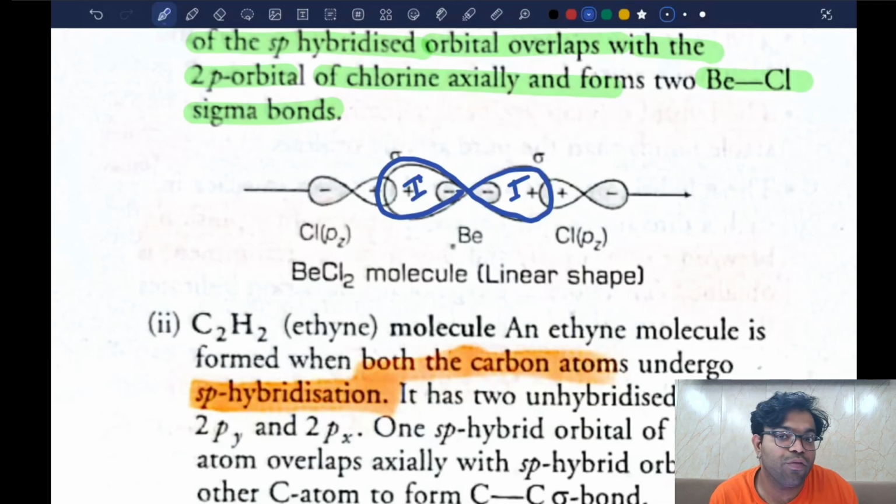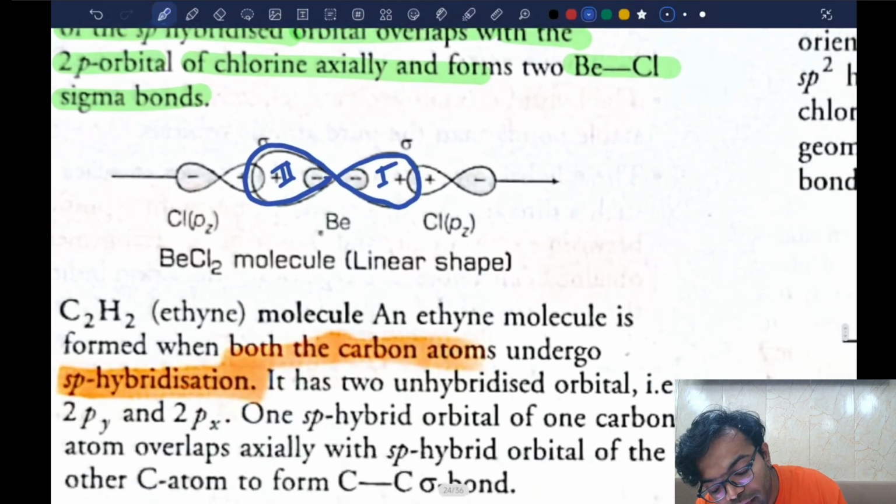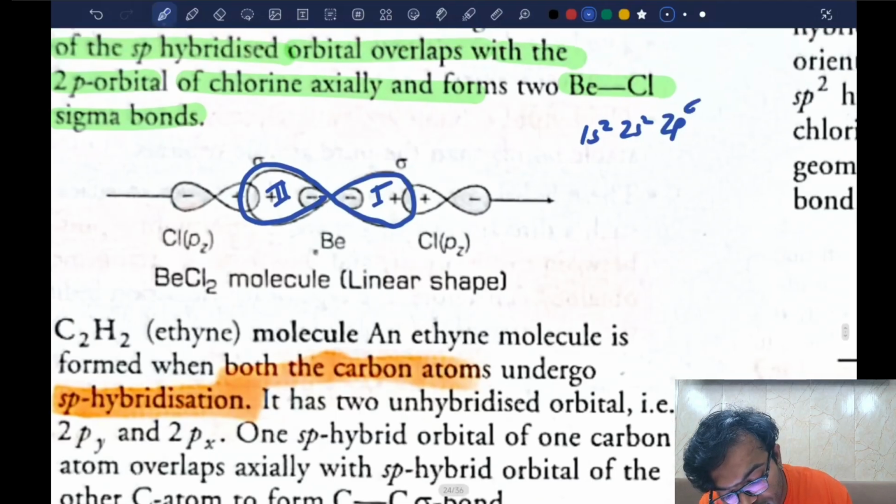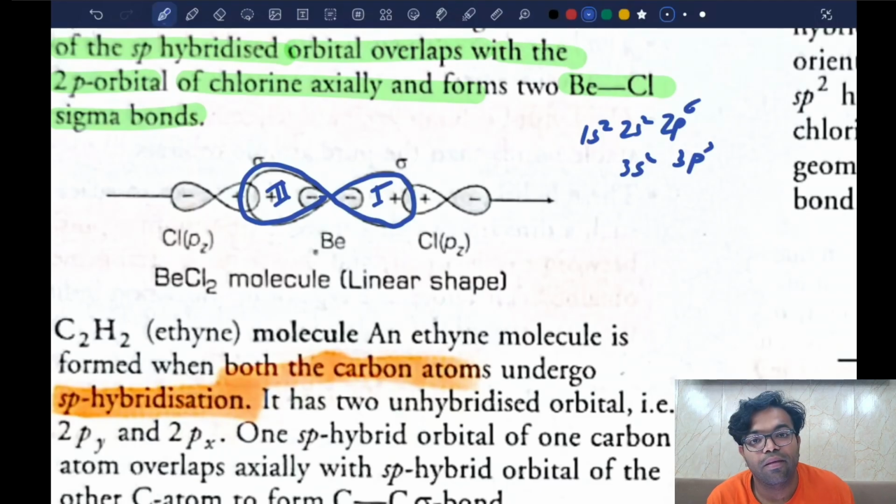We know the electronic configuration of chlorine: 1s2, 2s2, 2p6, 3s2, 3p5. There is only one electron required, and that electron goes into the pz orbital.